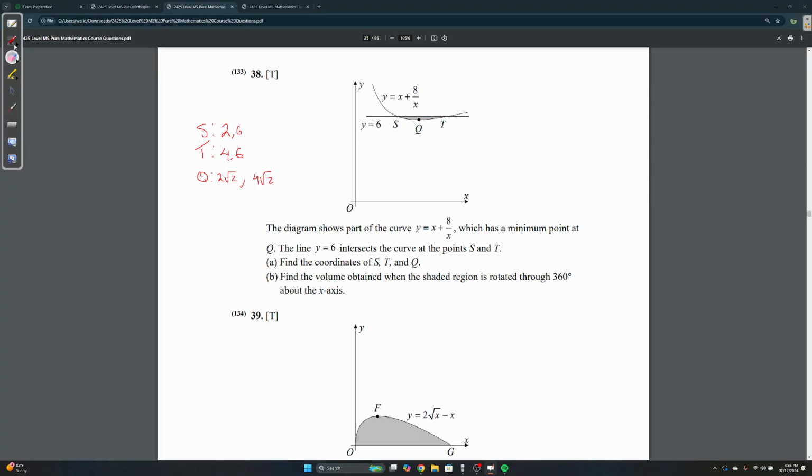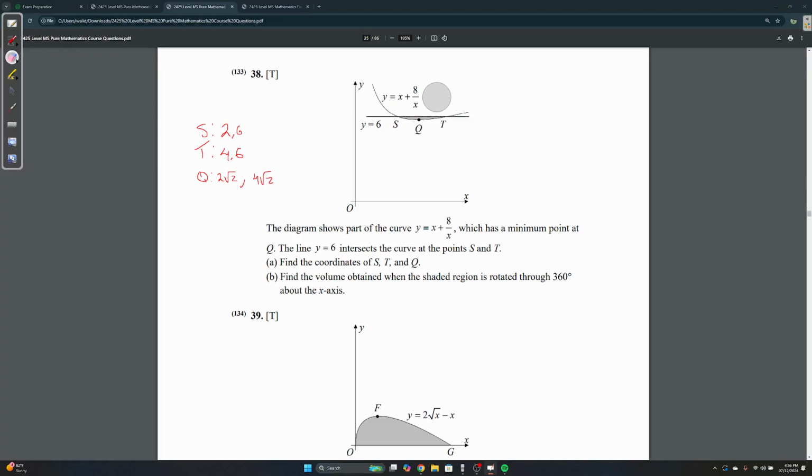When you have two curves, you need to use the washer method, right? And we're going to be talking now about radii. We have a bigger radius, we have a smaller radius. Obviously, with respect to this shaded region, the bigger radius will be the one on top because we're talking about the x-axis. If we were talking about the y-axis, it would be the other way around, right? If it was y-axis, it's going to be different, okay?